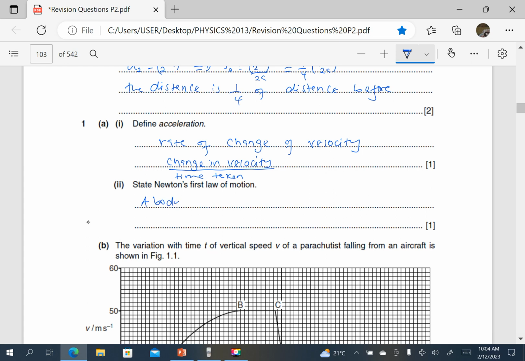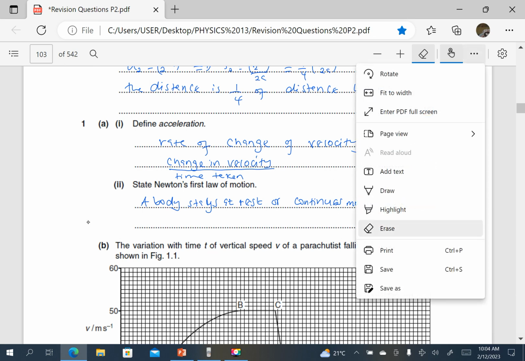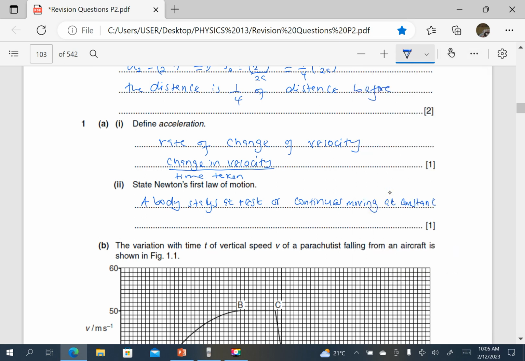A body stays at rest or continues moving at constant velocity unless acted on by a resultant force.